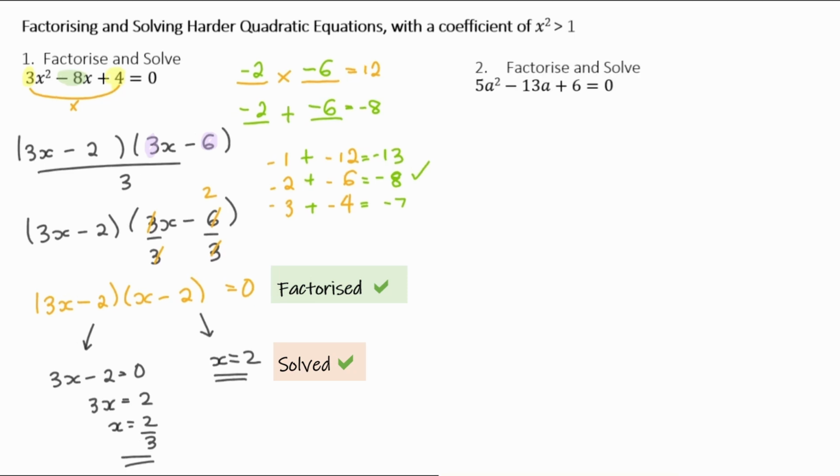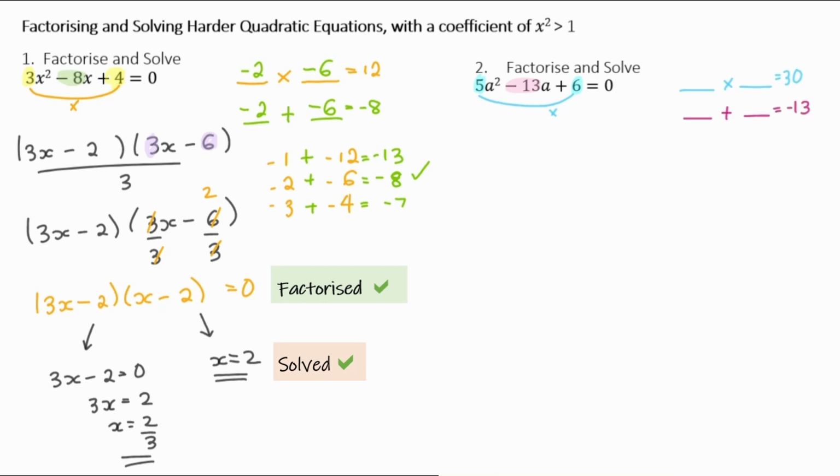For number 2, we have 5a squared minus 13a plus 6 is equal to 0, which means we first have to multiply the coefficient of a squared, which is 5, with the coefficient of our number term 6. 5 times 6 gives us 30, which means we are looking for two numbers that multiply to give us 30, and the same two numbers need to add to give us minus 13.